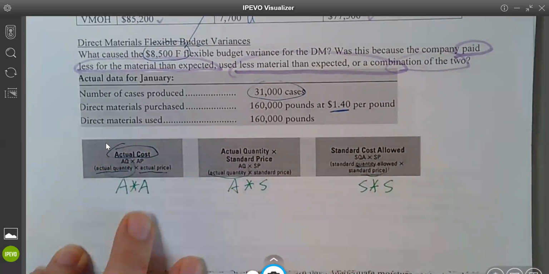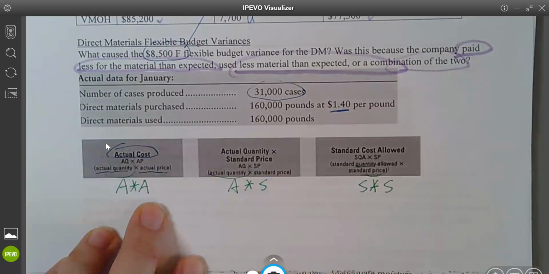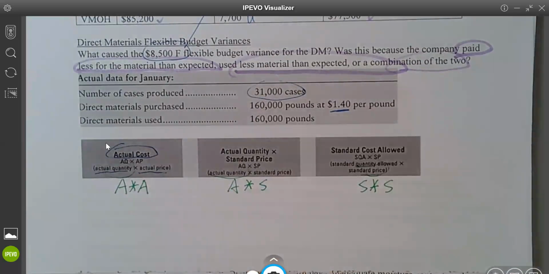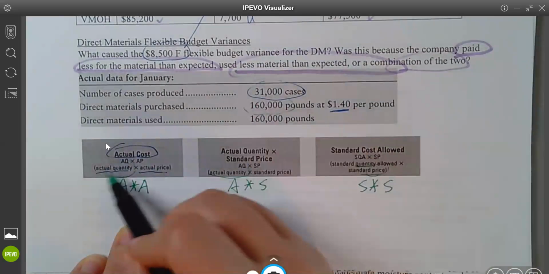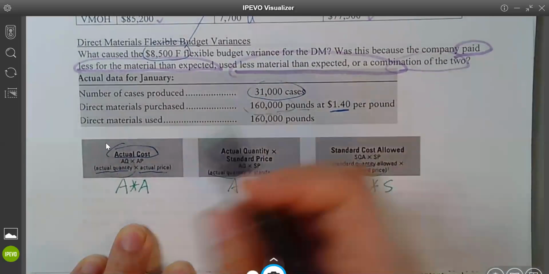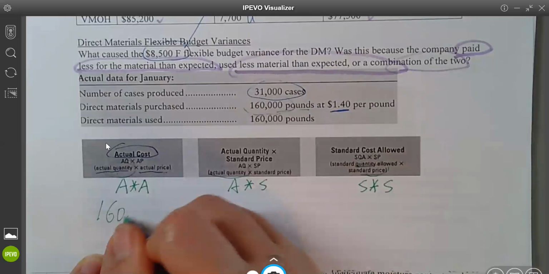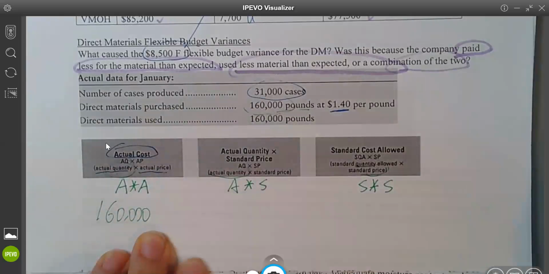Actual quantity times our actual price. Let's look at how we get the numbers. The actual quantity we purchased, right? We purchased 160,000 pounds.